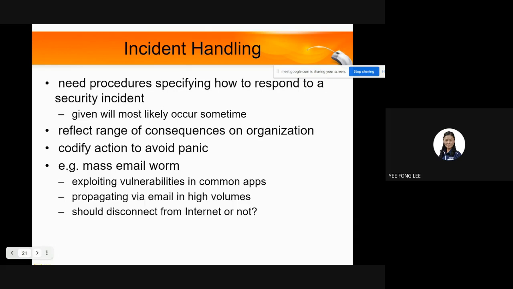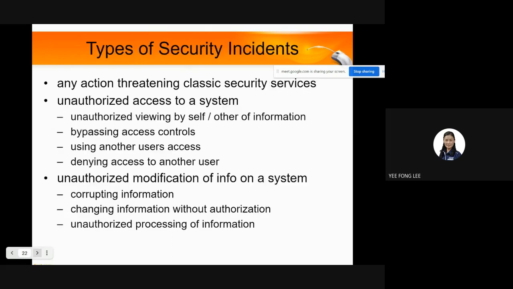Next, types of security incidents. These are actions that threaten one or more of the classic security services, based on confidentiality, integrity, availability, and what else?